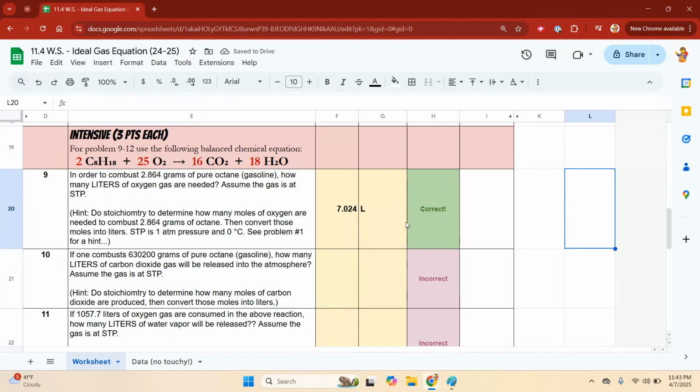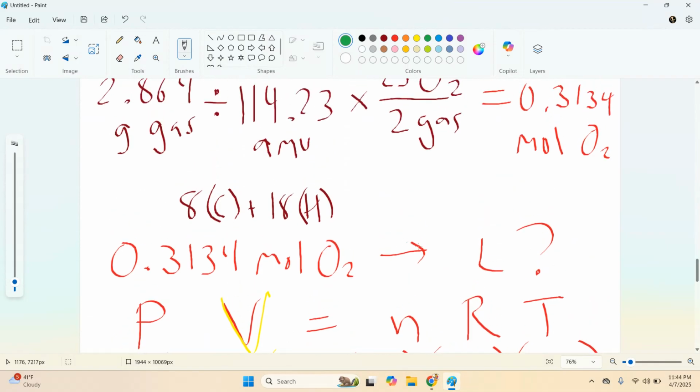Now listen, there is another simpler way to solve this problem, and it has to do with the fact that you were expressly told that this gas was at standard temperature and pressure. This 0.3134 moles of oxygen was at standard temperature and pressure.